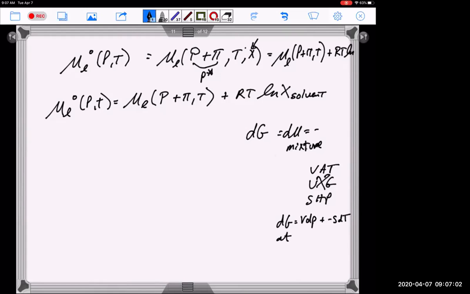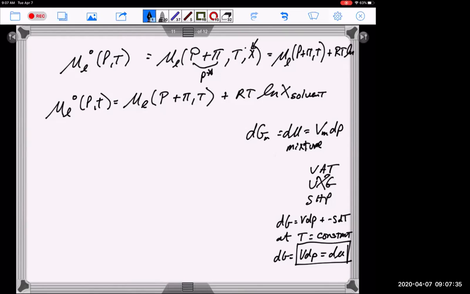And so at constant temperature, dG is V dP, and it's equal to d mu. So we have here d mu is going to be equal to V dP.